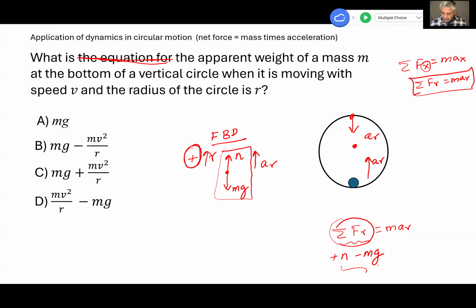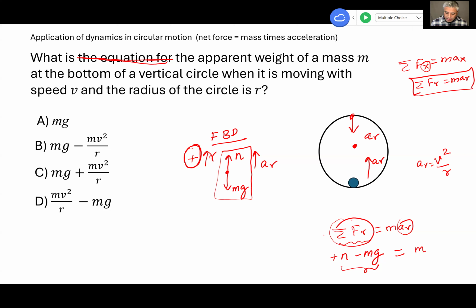And that's what we did. So that means the left-hand side of this equation is done. Now we're going to move to the right-hand side of the equation, which is mass. So we just copy mass, and the radial acceleration is speed squared divided by r.